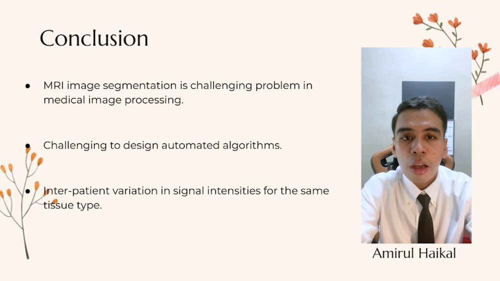The characteristics of MRI pictures make it challenging to design automated algorithms because of the partial volume effect, inherent noise, and a wide variety of imaging parameters that affect tissue intensities. There is a considerable interpretation variation in signal intensities of the same tissue type.